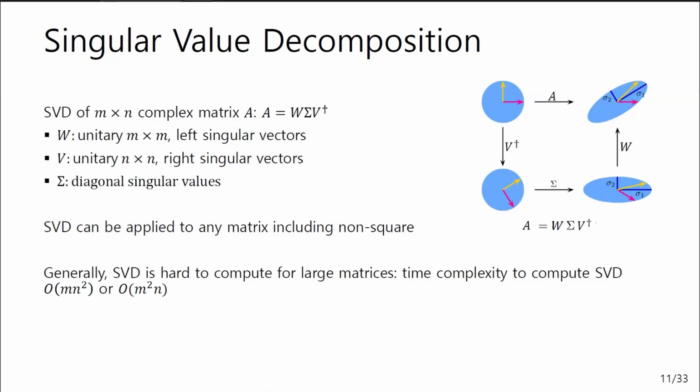SVD can be applied to any matrix, including non-square matrices. Generally, SVD is hard to compute for large matrices. You can see the picture on the right side. The linear transformation A can be decomposed into three steps: rotating by V dagger, squeezing or stretching by sigma, and one more rotation by W.